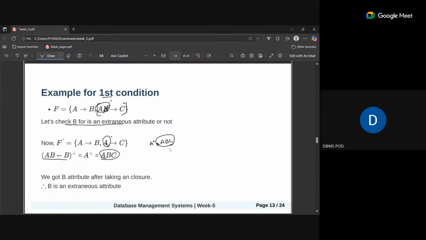If you find B after removing it and taking the closure, if you get the B attribute again, then it is an extraneous attribute.